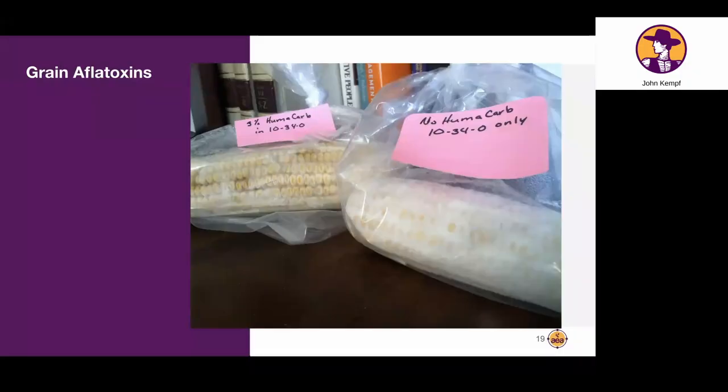Nitrogen was side dressed later, but one of the effects we know of from humicarb applications is that it's very effective at stimulating biology to rapidly convert applied nitrogen into bacterial proteins. I don't have the data for this slide deck, but several of the data points we have on this trial indicate that the crop leaves had much lower levels of nitrate. Of course, we weren't able to check the grain for nitrate versus different forms of proteins or different nitrogen forms.